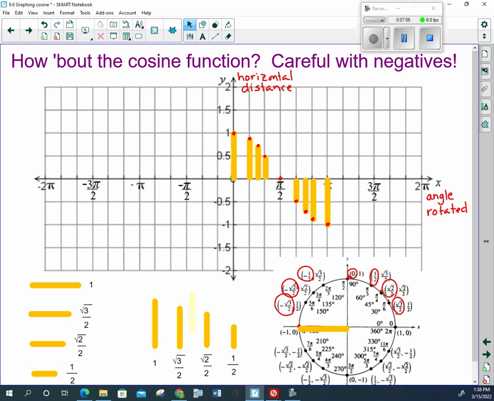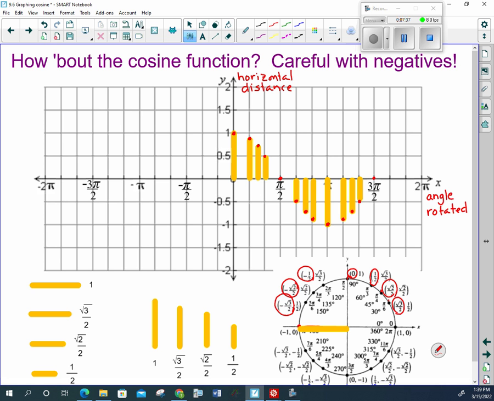We're going to have our square root of 3 over 2 right here. So that's going to go to this point right here. Then we're going to have square root of 2 over 2. It'll be right here. And then we're going to have a 1/2. And then we're going to be at 0.